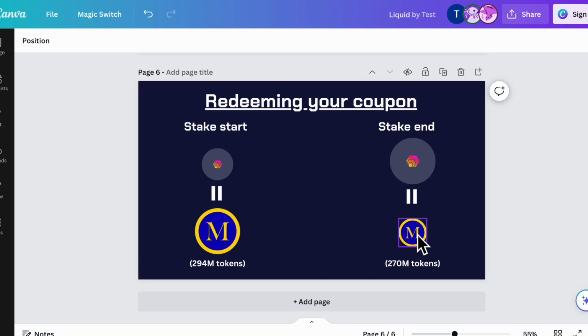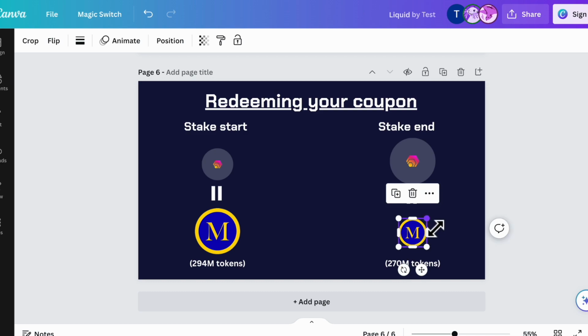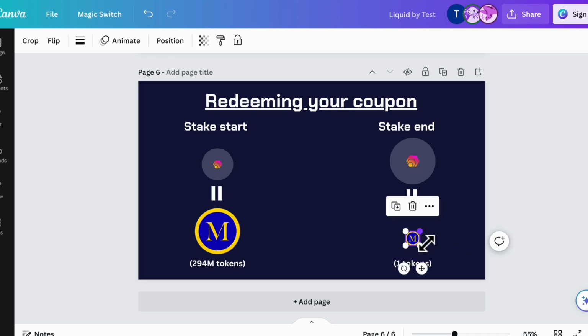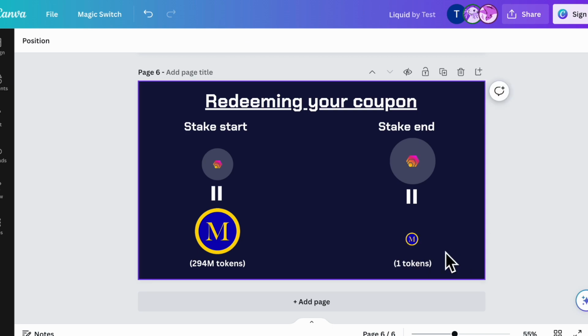So I've over-exaggerated this here, but this supply amount of MAXI can go down a lot, right? Say the entire supply of MAXI was burnt except for one MAXI, taking the extreme case. That one MAXI is now able to redeem the entire stake principal plus yield, which is kind of crazy.